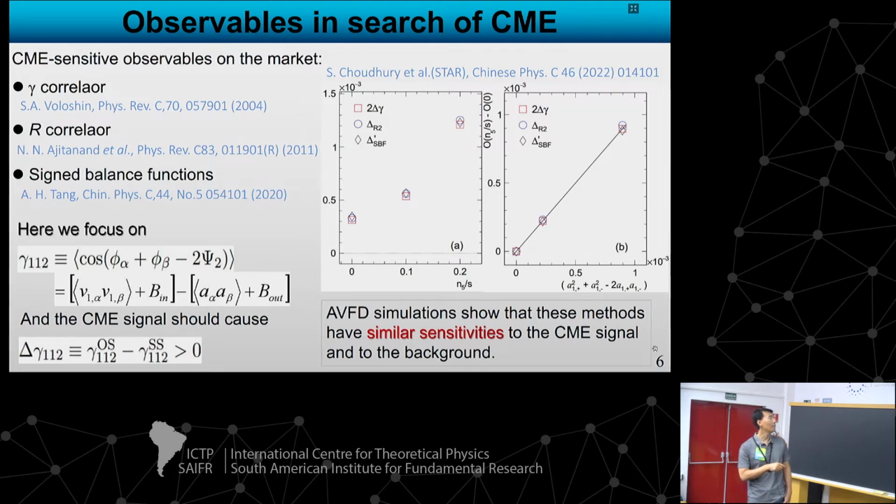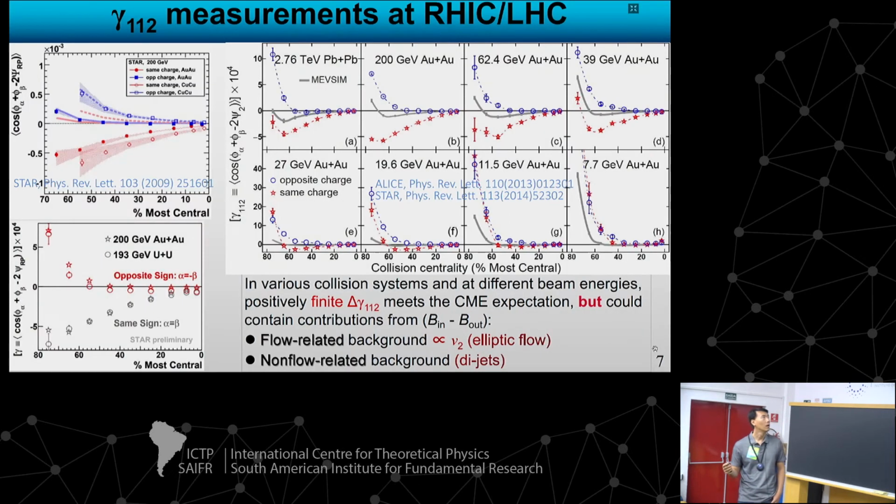So if we do have a CME signal, it will cause delta gamma, which is opposite sign minus same sign, to be positive. So that's the signal we are looking for. Now I will show you some examples of our past measurements of this gamma. In the upper left panel, we have the measurement of gamma as a function of centrality.